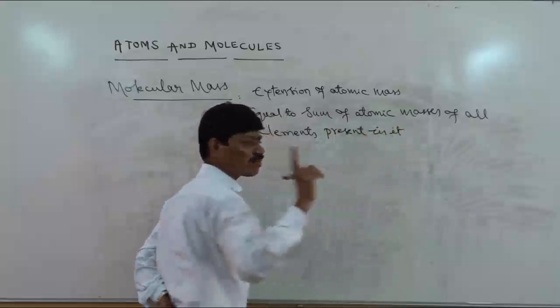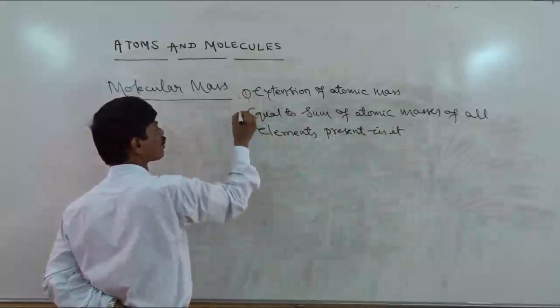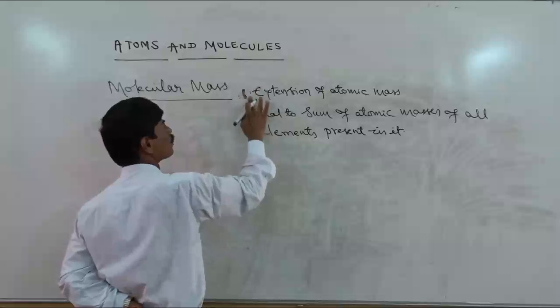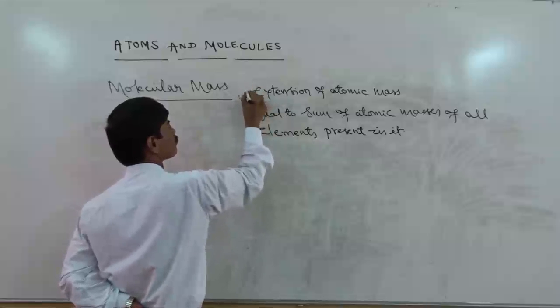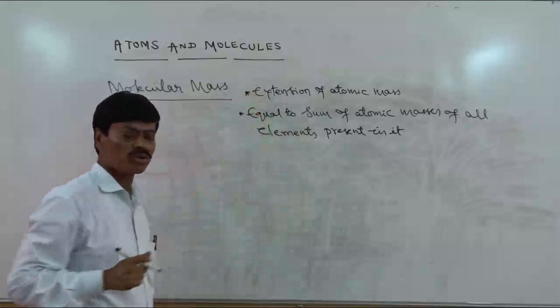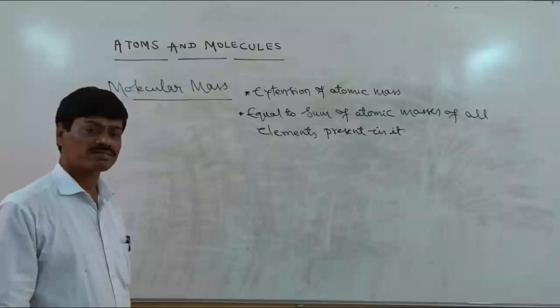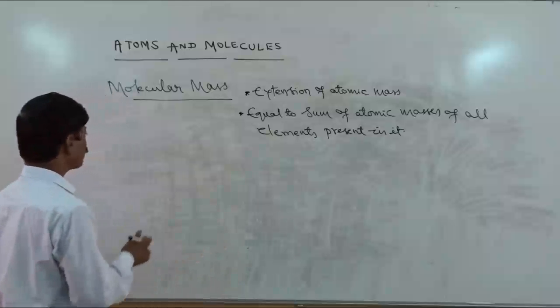In it means one molecule of the concerned element or concerned compound. Right? So this is one important point and this is the second important point. Now we'll move directly to molecules of elements as well as molecules of compounds.